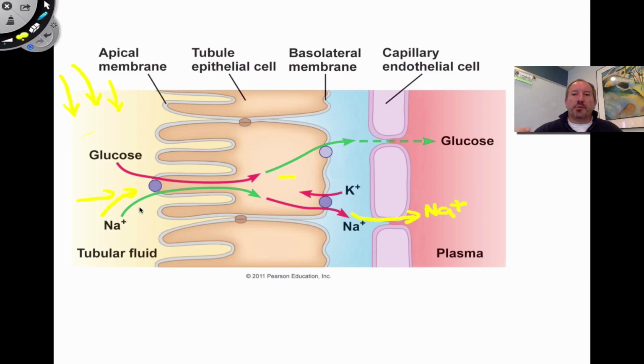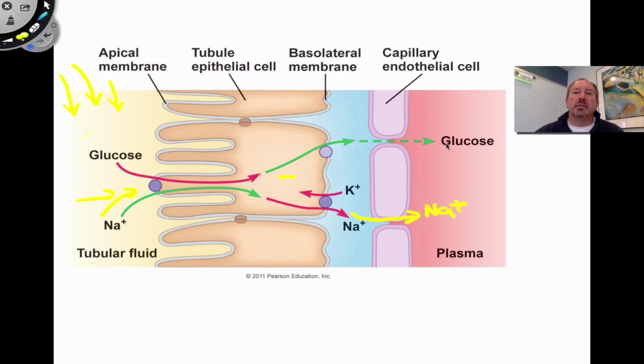They swing around, and two of you can get into one rotation and both go in at the same time. This is a way in which the cells utilize the sodium movement to couple the transport of glucose into the cells from the filtrate, and then glucose travels into the blood.